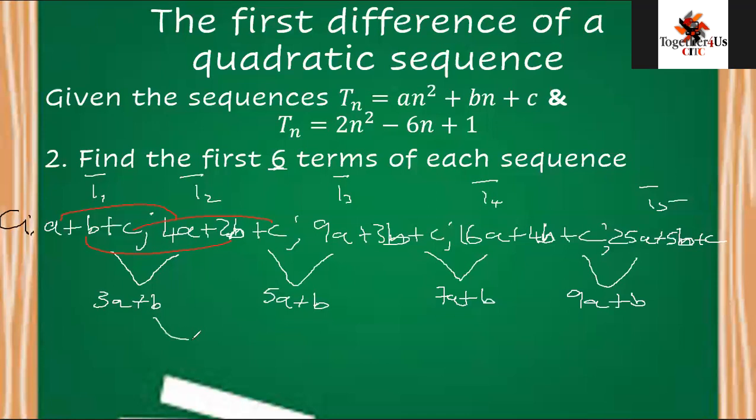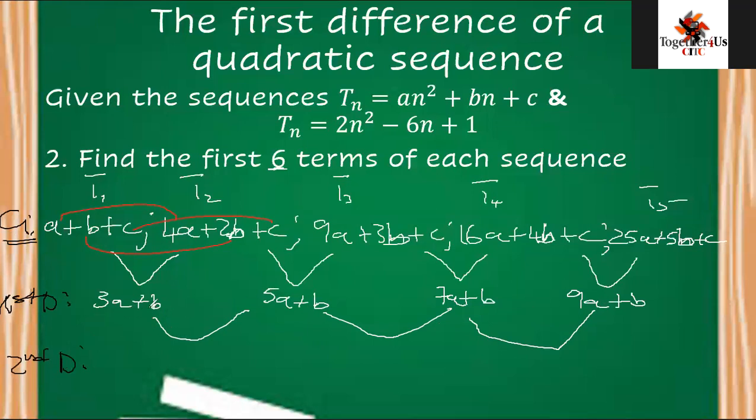So let's look at the last one. Because we know this is a quadratic sequence, we are expecting a constant difference now. Let me indicate here. I've written here that this is the general term. Here, this is the first difference. I'm going to write first D, and here now we are dealing with the second D, the second difference of the sequence.